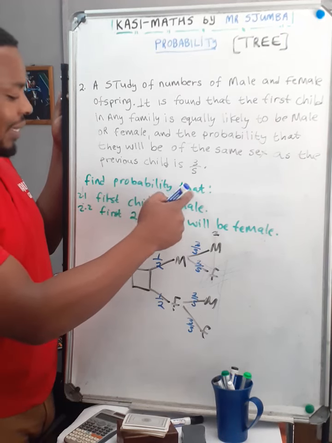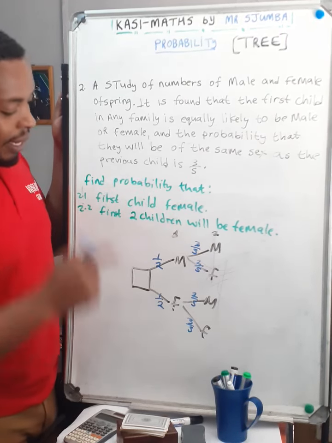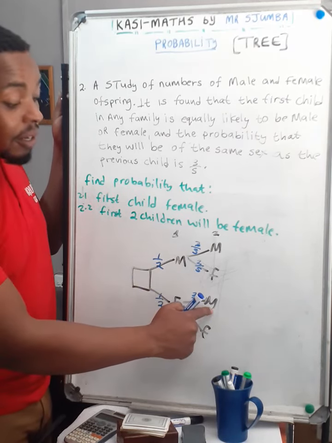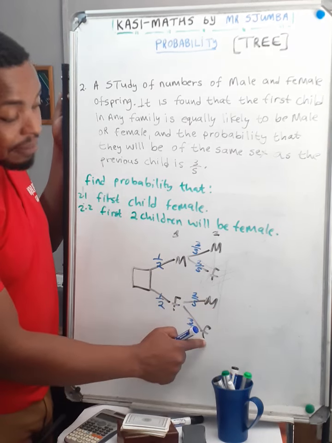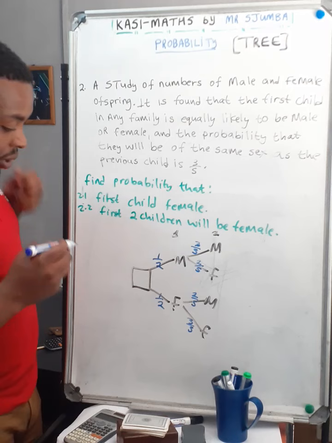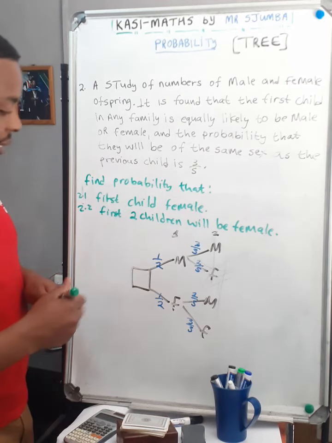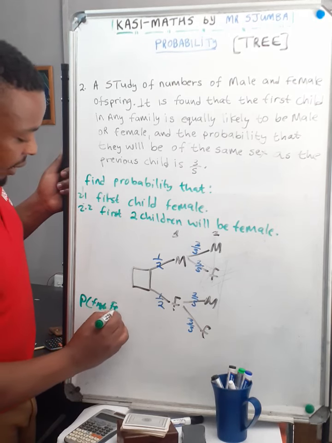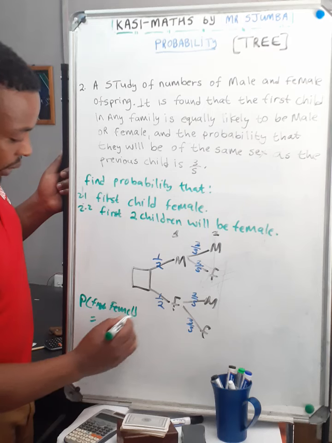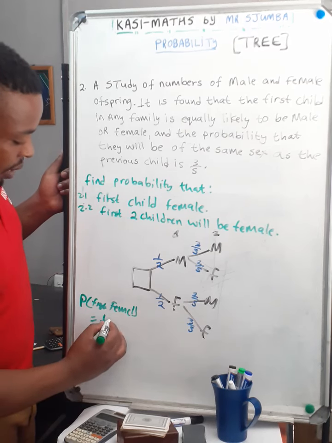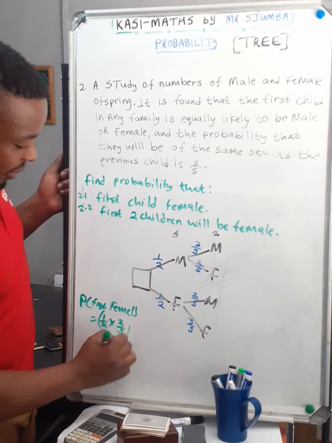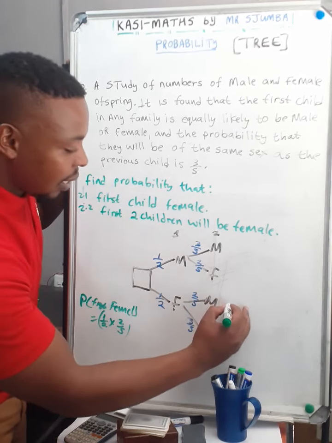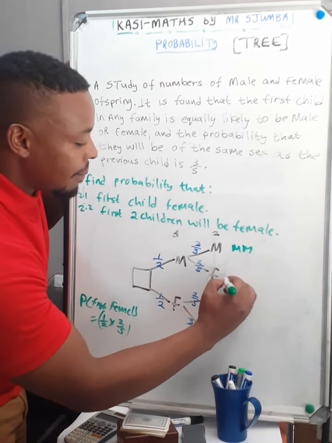So we should find the probability that the first child is female. It doesn't matter if the second child is male or not. As long as the first child is female, we should write down the probabilities. So the probability that the first child is female equals 1 over 2 multiplied by 2 over 5, plus 1 over 2 times 3 over 5.